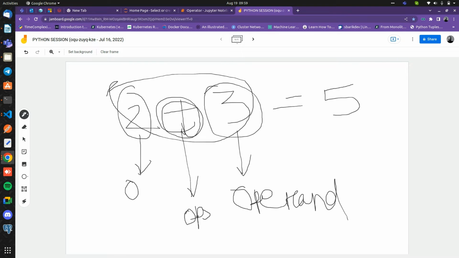And the output is called the operation. The output, that is 5, is called the operation.